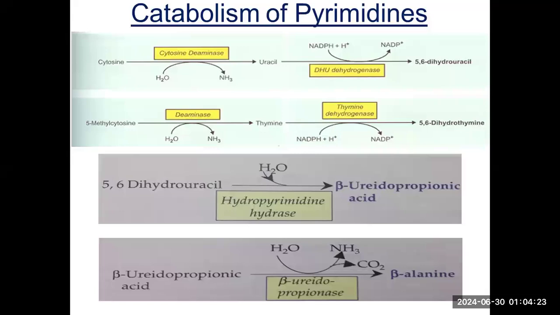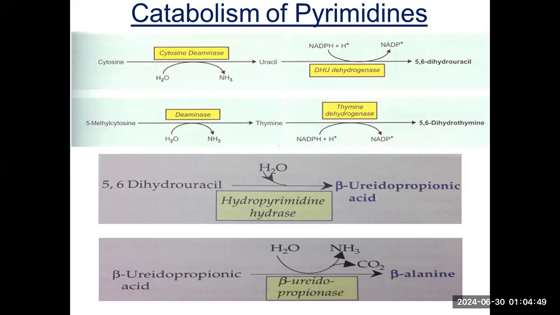Catabolism of pyrimidines: cytosine, by the action of cytosine deaminase, is converted into uracil, and uracil then by the action of dihydrouracil dehydrogenase is reduced to 5,6-dihydrouracil.